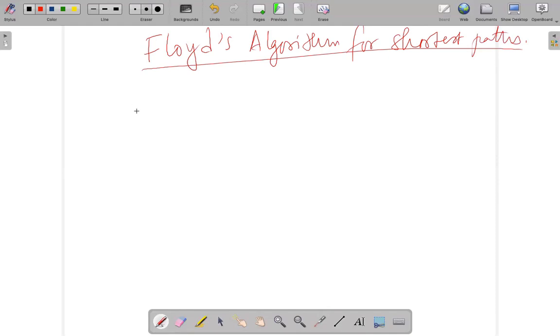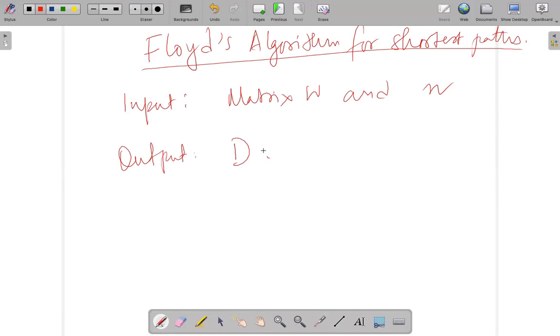Okay, so here the input is the matrix W and n. Output is D. Okay, so how do you compute this? Very simple.